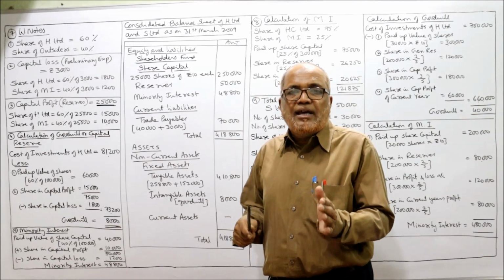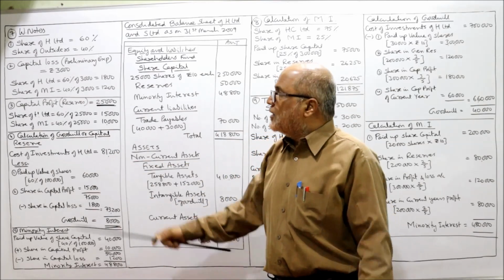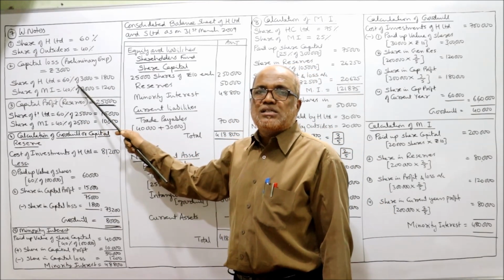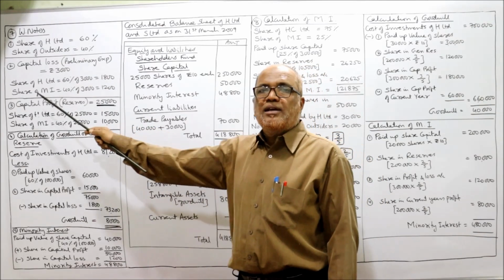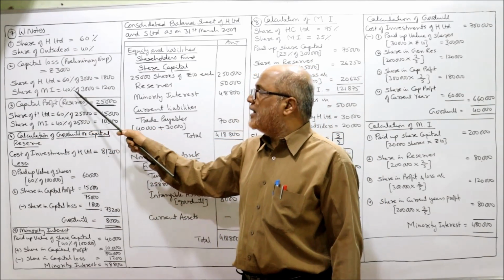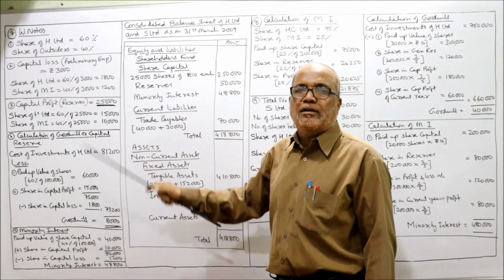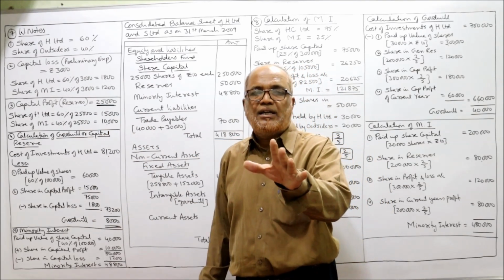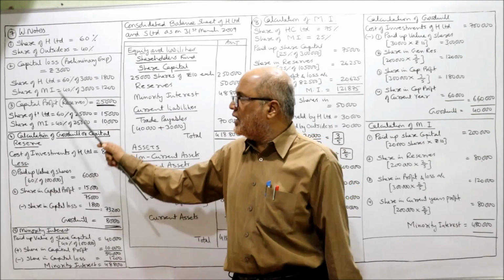So H Limited is holding 60% shares of S Limited. So share of H Limited is 60% of 3,000. It comes to 1,800. Similarly, share of minority interest, outsider, is 40% of 3,000, 1,200.